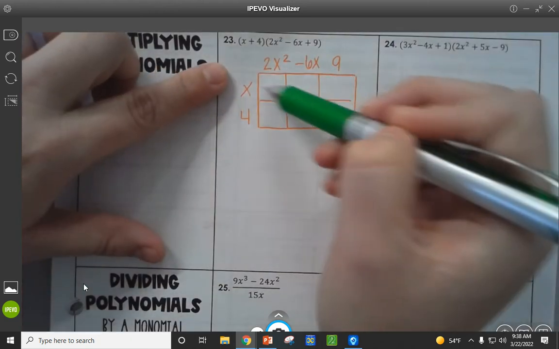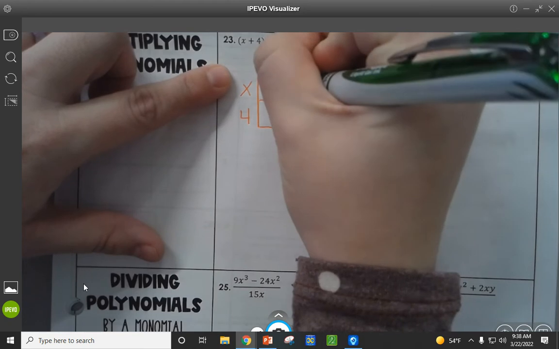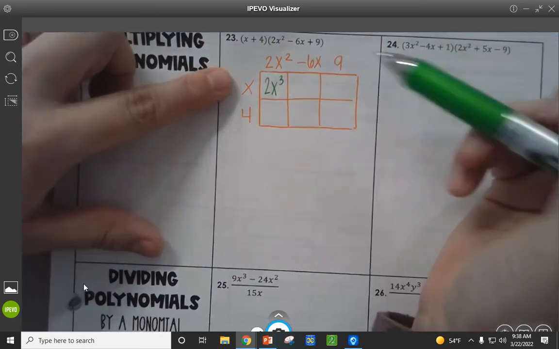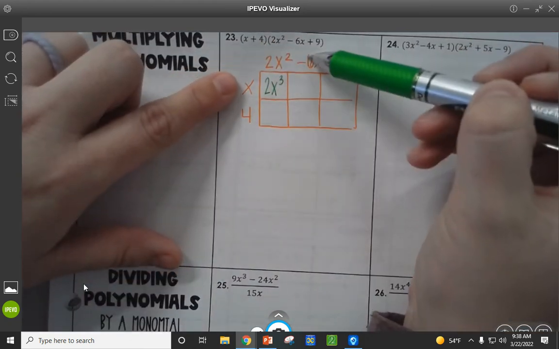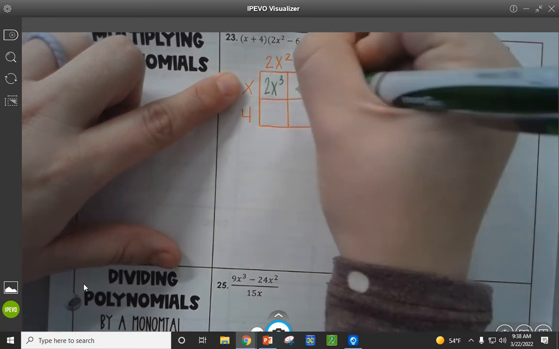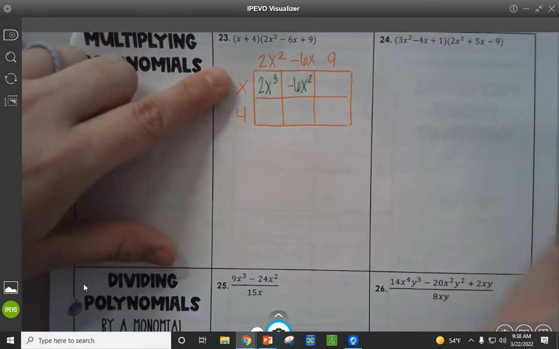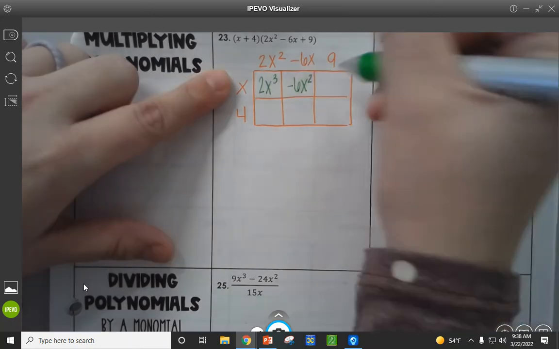What is 2x squared times x? 2x cubed, 2x to the third. What is negative 6x times x? Negative 6x squared. And 9 times x?